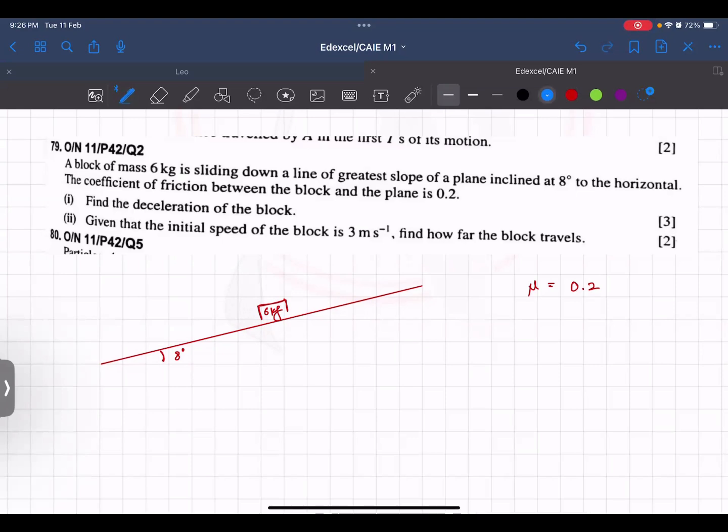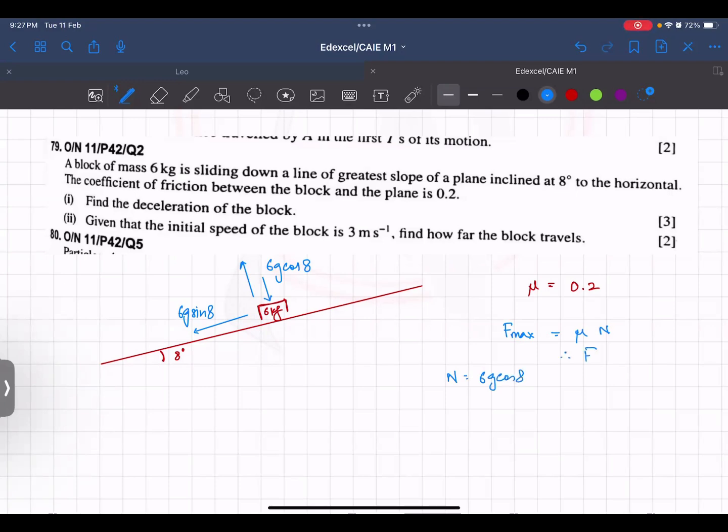Okay, if we make the components, this would become mg sin 8, and the component which is perpendicular to the plane, the weight component, this would be 6g cos 8. Then we find F max is equal to mu N. N would be simply opposing this weight component perpendicular to the plane. So N is equal to 6g cos 8.